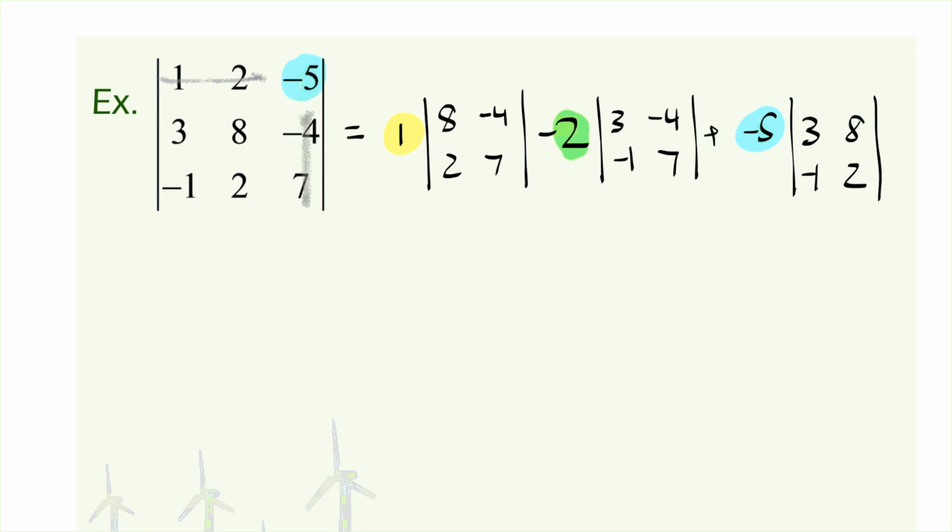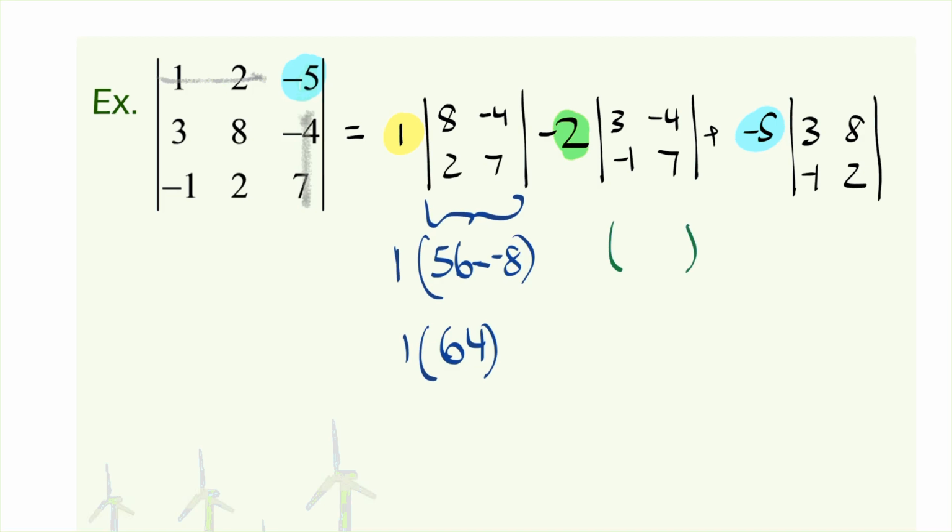What I'm going to do next is calculate the determinants. This one is 56 minus -8. So what we get is 64 times 1. Next, I'm going to calculate this mini matrix determinant: 21 minus 4 times -2, -2 times 17.